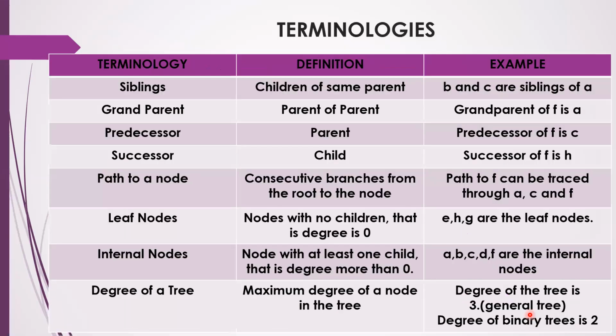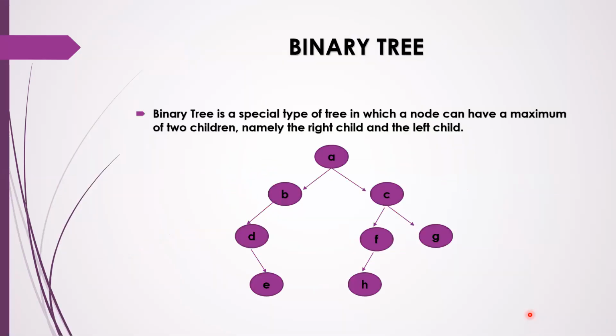Sanvi, are you there? Yes, ma'am. Now tell me which is the root node here? A. Okay. Which is the sibling of A? A doesn't have a sibling. Good. Who is the sibling of B?